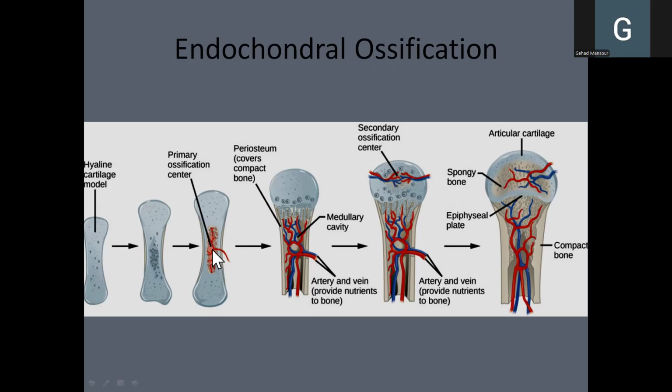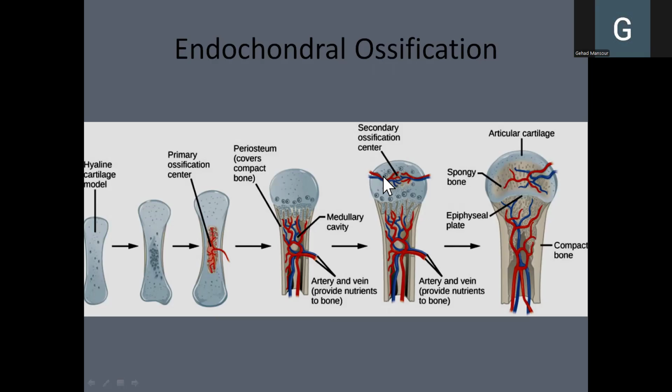And then the blood vessels penetrate this primary ossification center and bring in more stem cells that will differentiate into fibroblasts, chondroblasts, and then into osteoblasts. So bone starts to deposit around those blood vessels and to form trabeculae, as we said before. This is the primary center of ossification that receives an artery and a vein, of course, for giving nutrients and oxygen and carrying out waste.